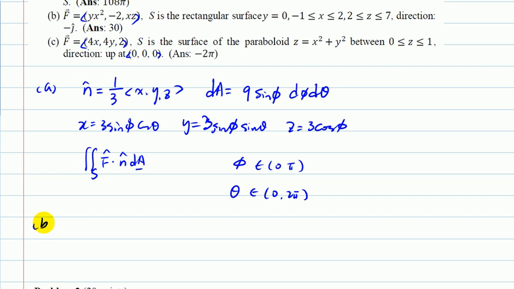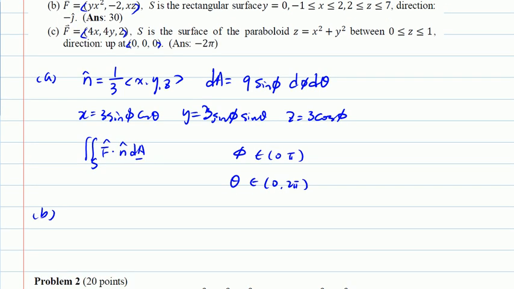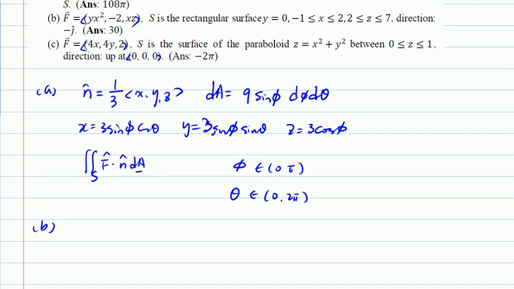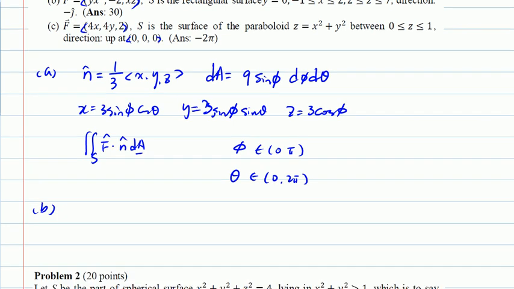Part B here is your vector field on a rectangular surface. The rectangular surface here is y equal to 0, and the ranges for x and z are given. The direction is also given, negative j. So this is a little bit different surface from what I gave in class. In class the surface was z equal to a, but here it is y equal to 0.